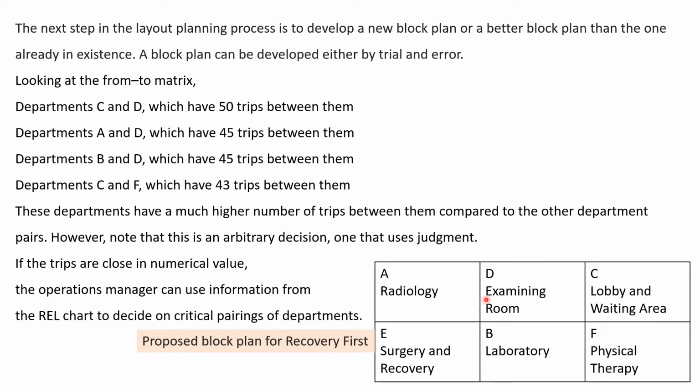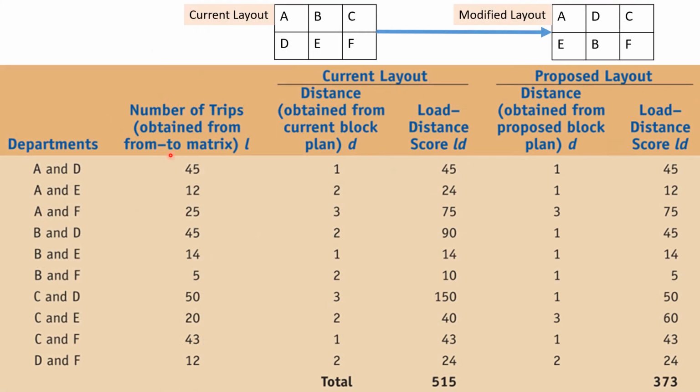But for the time being, by considering only the trips or the frequency of contact, we just propose this arrangement. Let us see how much change will be obtained from the modified layout. So let's put the current layout and the modified layout together in one table.